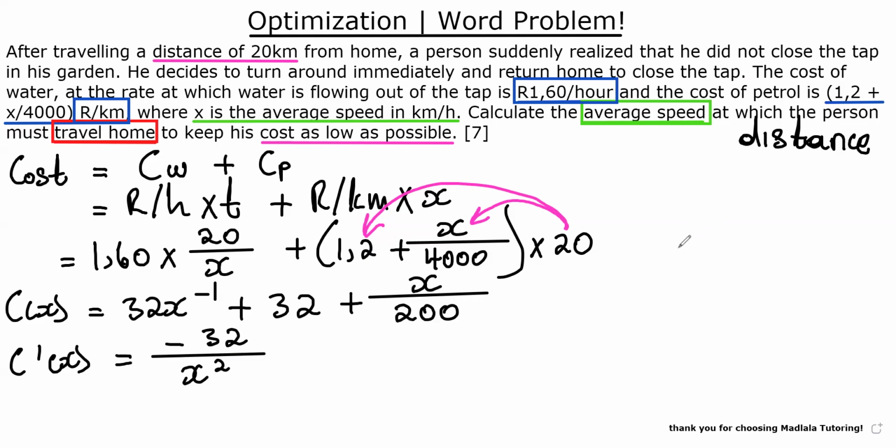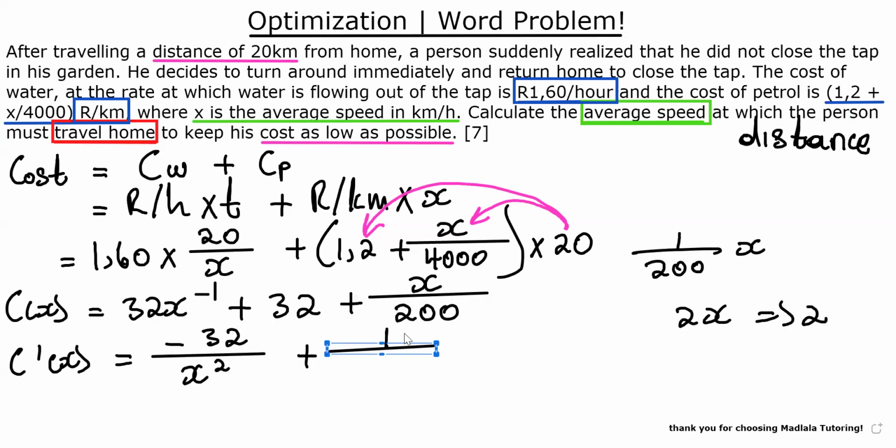Well, x over 200 is exactly the same as 1 over 200 times x, which is the same as 2x, right? Why am I comparing it with the 2x? Just want you to realize that 1 over 200 is a constant. It's a coefficient of x. And the derivative of 2x is 2. So which means the derivative of 1 over 200x is simply going to be 1 over 200. So yeah, this is what you're going to say, right?